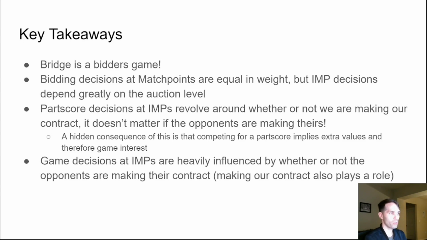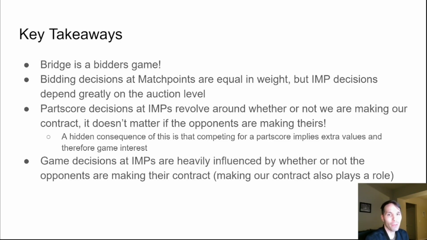So when it comes to game decisions, though, at imps, obviously these are influenced a little differently, and they tend to be influenced by whether or not the opponents are making their contract. It's true that if we happen to be making game, we should of course bid it. It tends to be quite profitable to score plus 420 or plus 620 on some hands and 4 of a major.